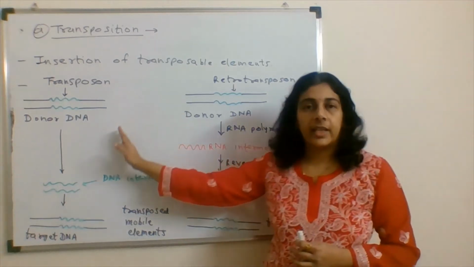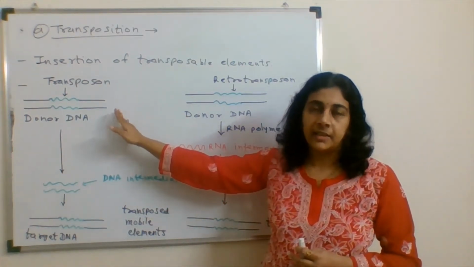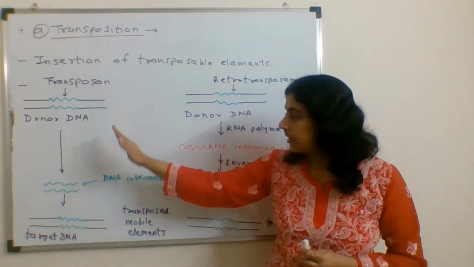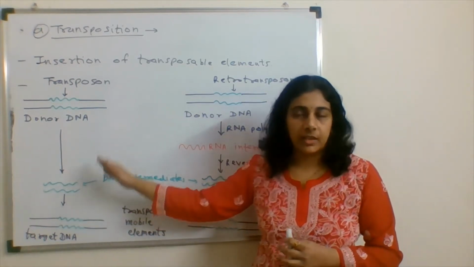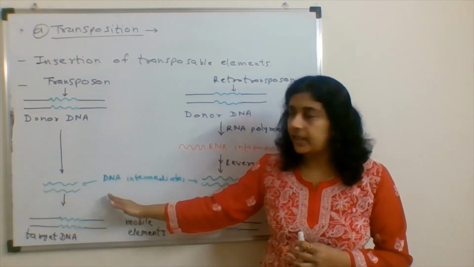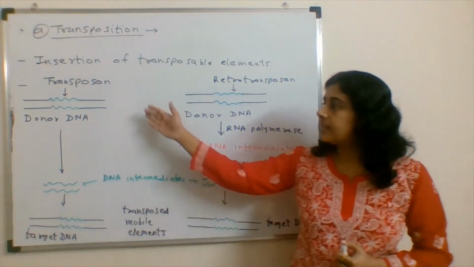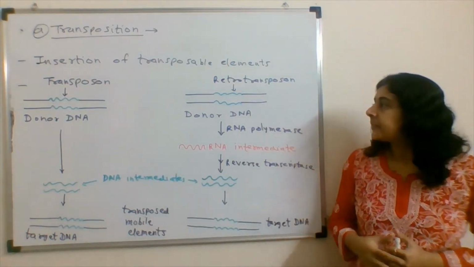First, looking at the transposon, what happens here? The donor DNA is there. The green colored part I have shown is a transposon. It comes out from that donor DNA and gets inserted into the target DNA. So this is the simple process by which transposition takes place.